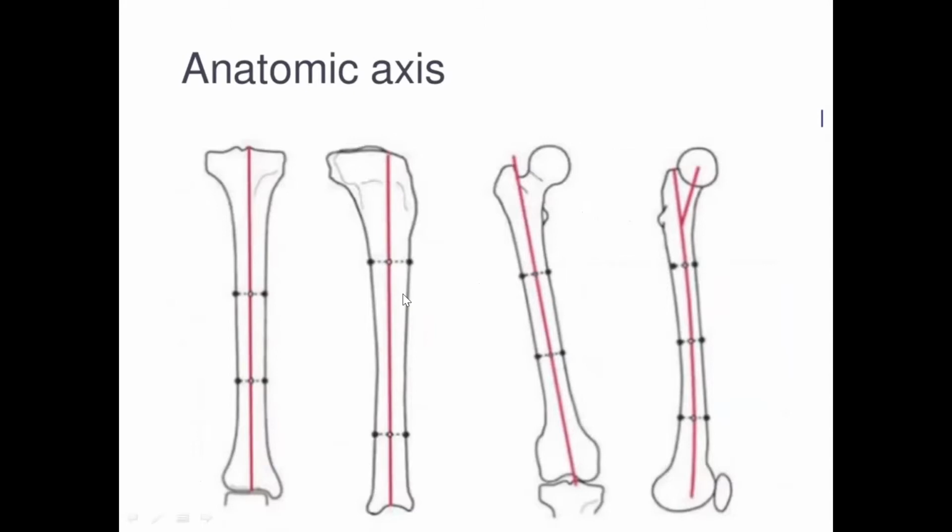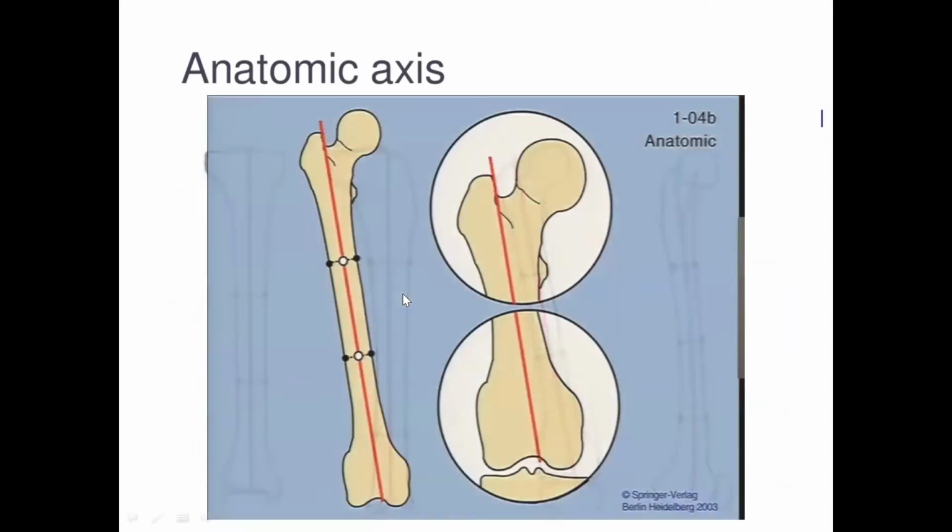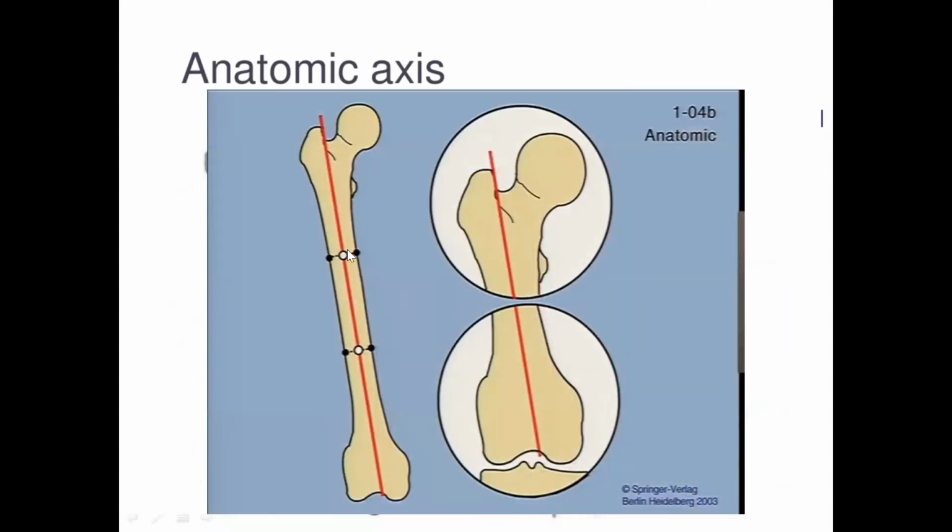If you see the closer view in the femur, the midpoint of the cortex at two segments, and if we draw a line, usually higher up it passes around the piriformis fossa of the hip joint, and below, it is not exactly in the center, as we saw in the mechanical axis.